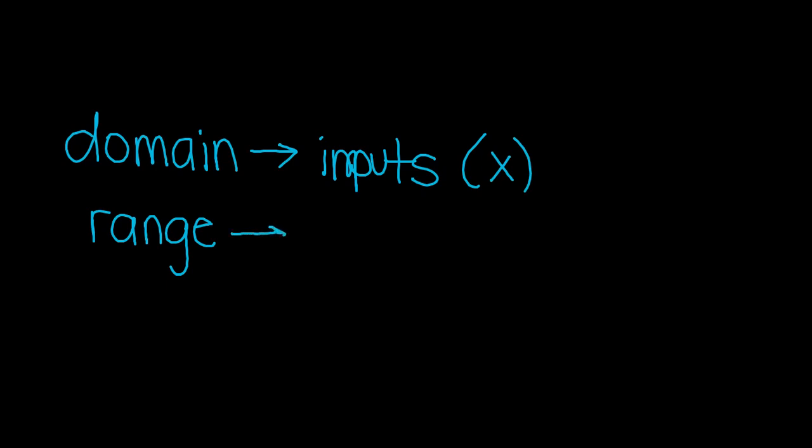And those 2 words are domain and range. And domain is just a fancy algebra way of saying inputs, which, remember, is usually our x coordinate. And range is just a fancy way of saying outputs, or our y coordinate.